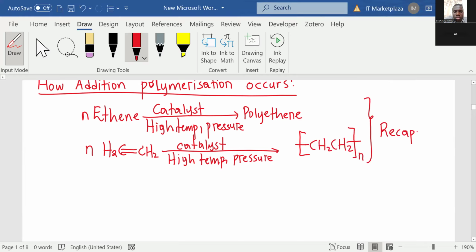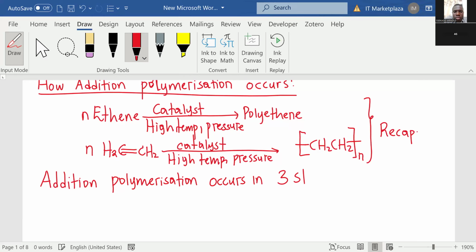So addition polymerization occurs in 3 steps that include.